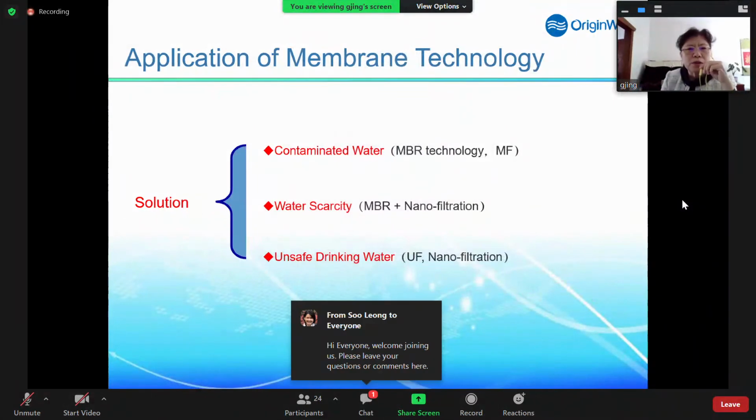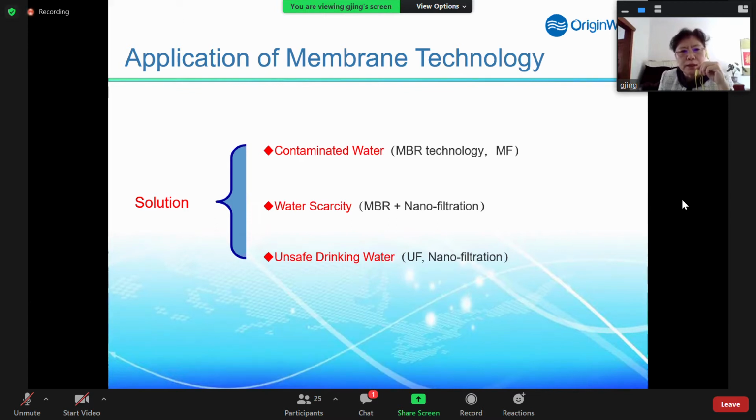When we talk about the three problems in water areas, one is contaminated water. So water is dirty and then becomes less and less. In this area, I think we probably know about membrane technology.